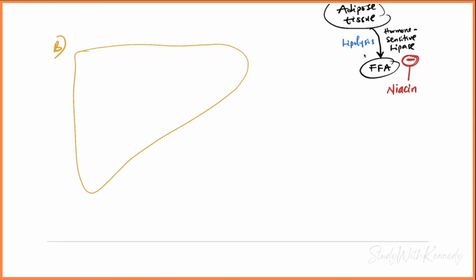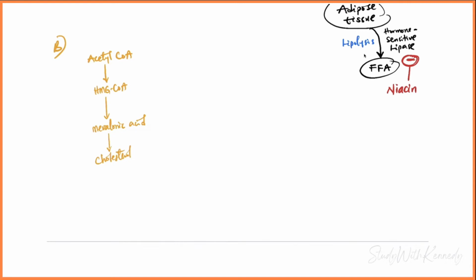So the liver could also take acetyl-CoA, convert acetyl-CoA into HMG-CoA, convert HMG-CoA into mevalonic acid, and mevalonic acid into cholesterol. Mevalonic acid into cholesterol.